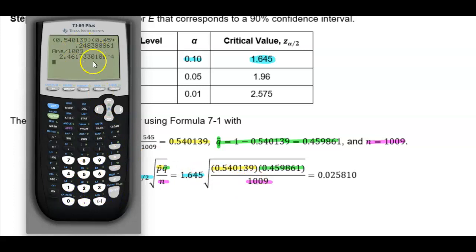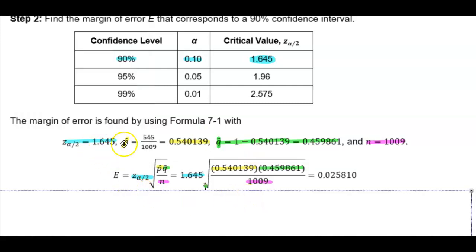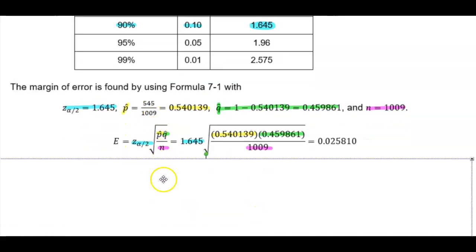That is our answer under the radical, so we need to take the square root of it, which gives us this value. Now we multiply it by the critical value, 1.645, and that gives us, rounded to 6 decimal places, 0.025810. That represents the margin of error.